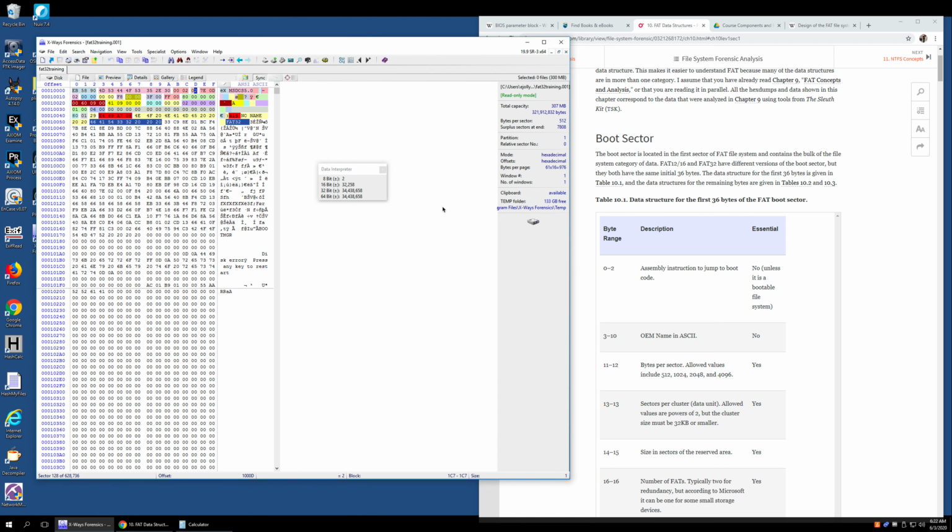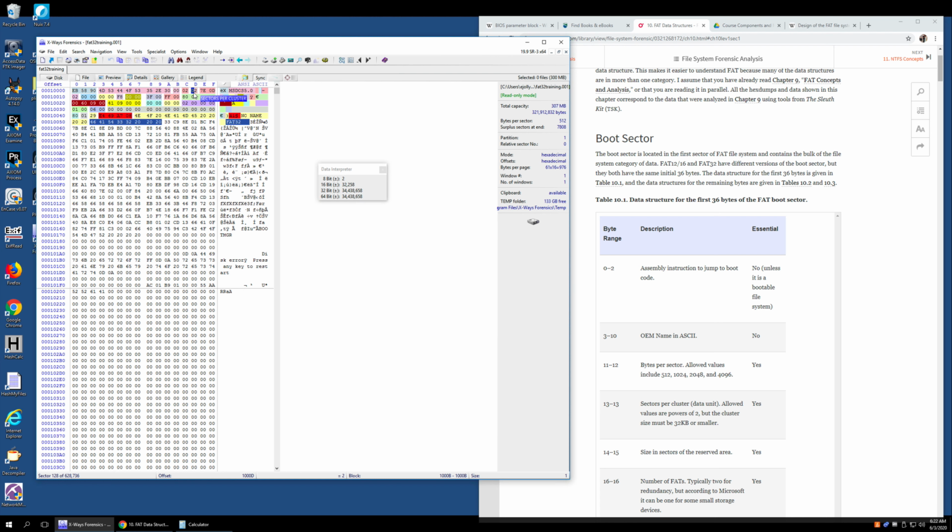So if you're faced with the task of having to recover a 1000 byte file from this particular file system, we are already armed with some knowledge to understand how many sectors or clusters are needed to accomplish that job. We know from offset 0B for a total length of 2 bytes, we're dealing with 512 bytes per sector, and we also know that there are 2 sectors per cluster.